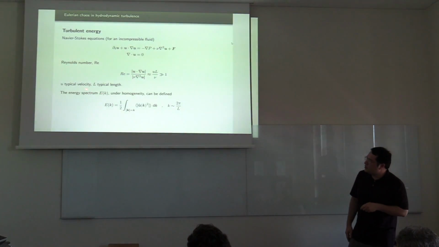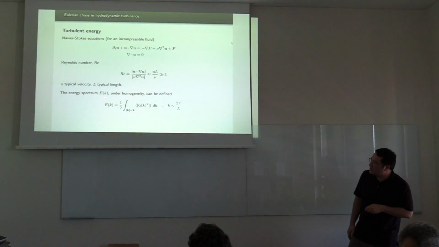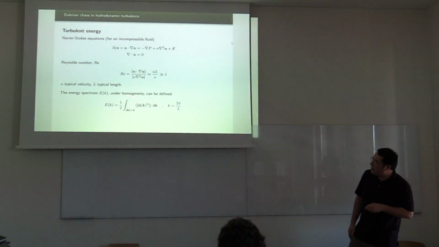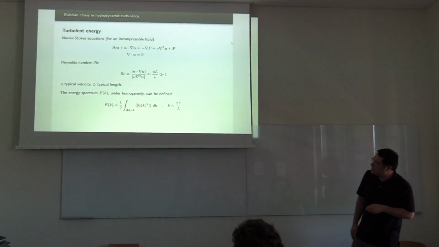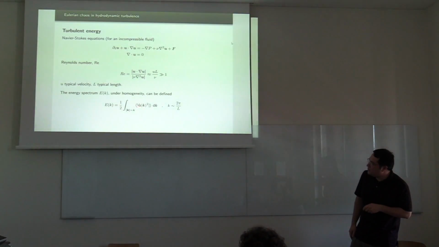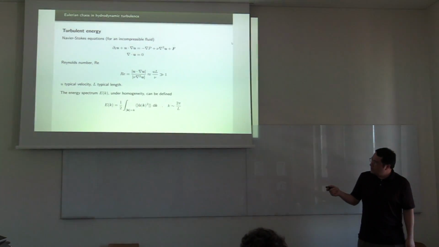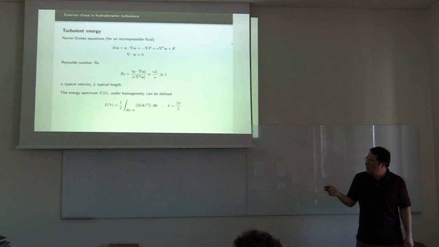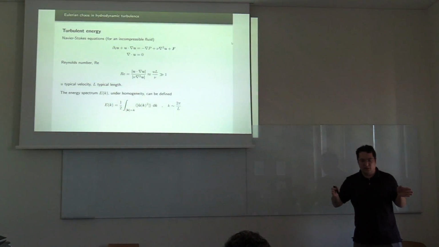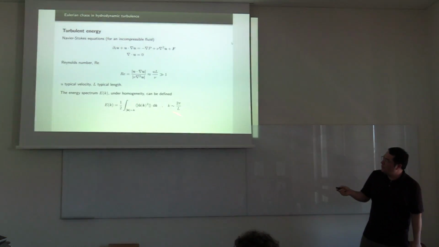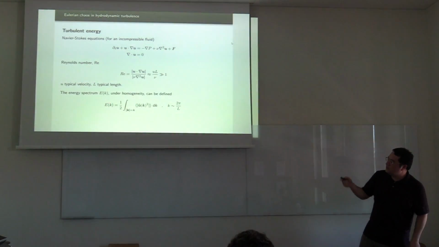You can further quantify the turbulent energy in the system with the energy spectrum. For homogeneous turbulence we can define it like this, with u hat the Fourier transform of the velocity. The turbulent energy spectrum defines at what scales the turbulent energy is mainly located, where k is an inverse length.